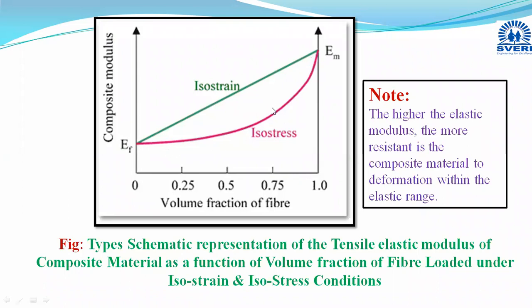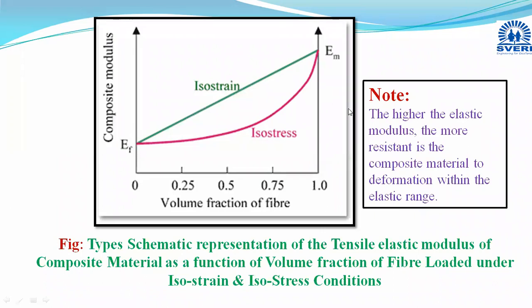From these two lines we can say that higher elastic modulus is obtained in the isostrain condition. In isostress condition the elastic modulus value is less, and in isostrain condition it is more.